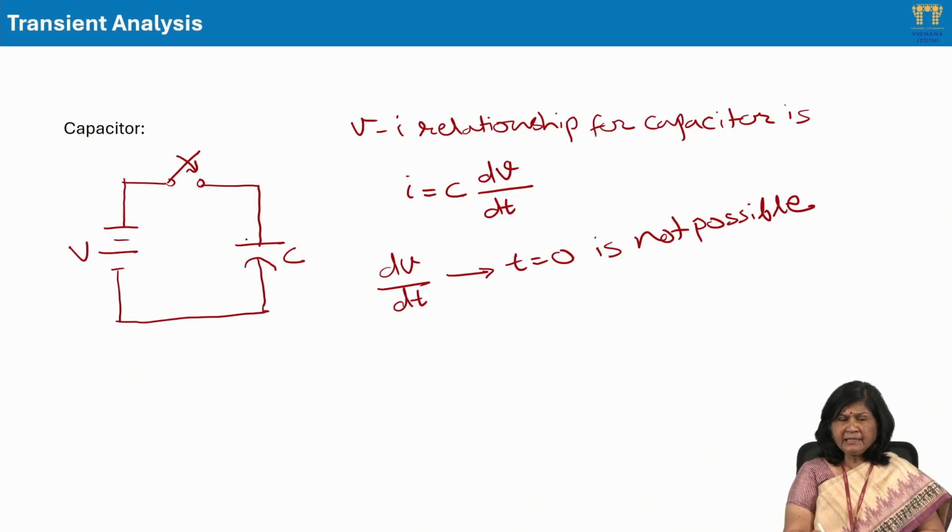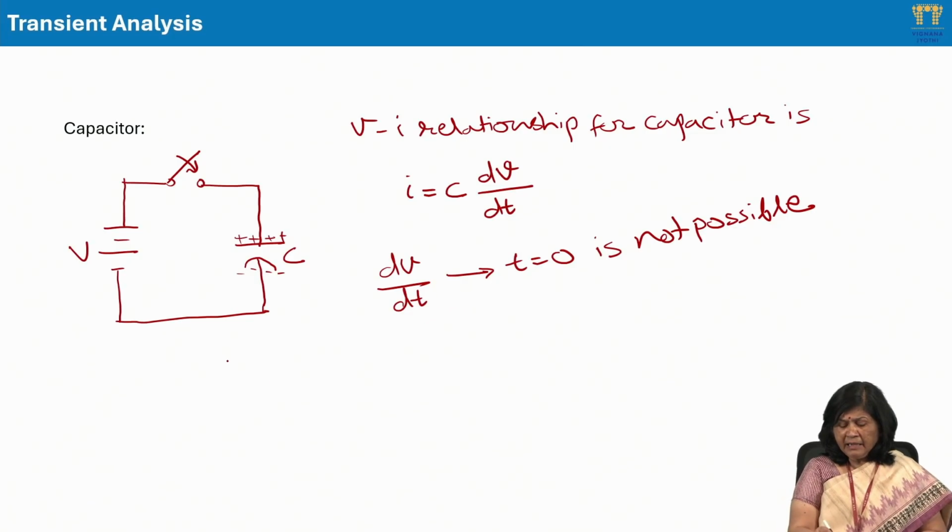Because the charges take time to develop across the capacitor plates. There is a polarization process which takes place and dipole alignment will be there. All the positive charges will gather in the positive plate and all the negative charges will gather across the other plate. So the voltage cannot change instantaneously across the capacitor.